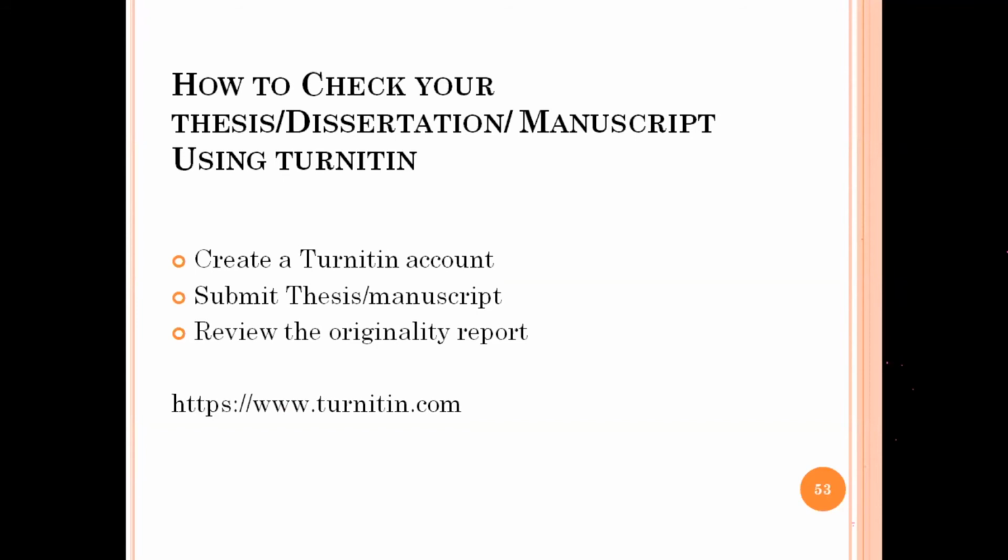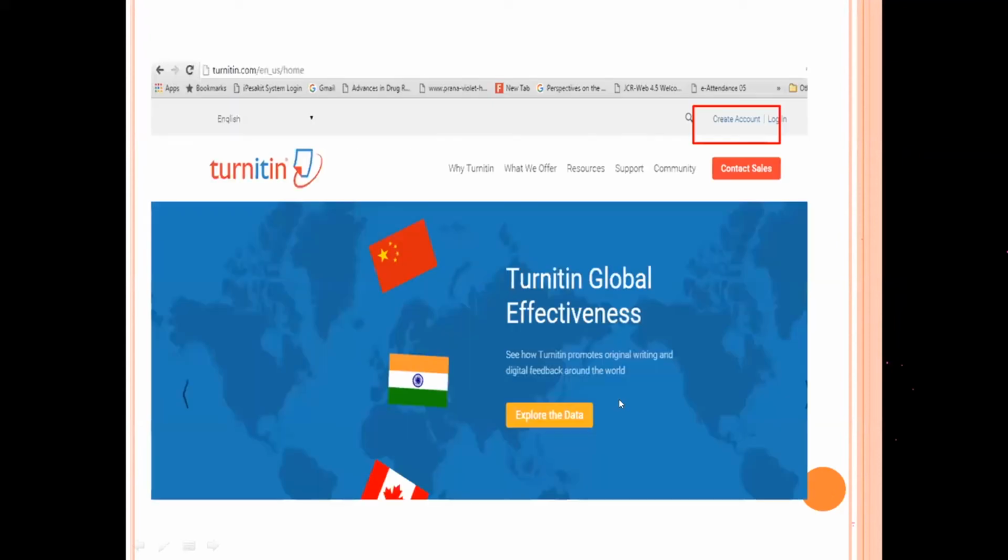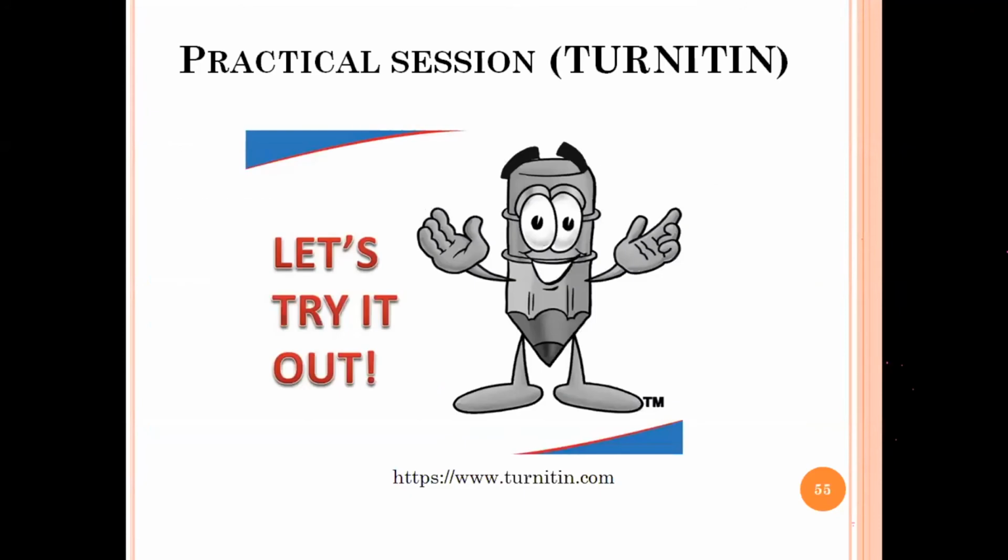Using that ID and password, the student can log in and then submit. After creating your Turnitin account, you can submit your thesis and review the originality report. So you can simply go to this website and create an account.